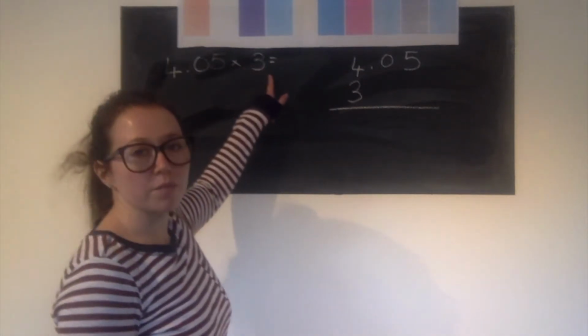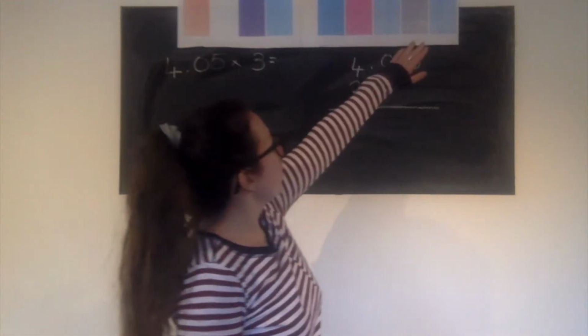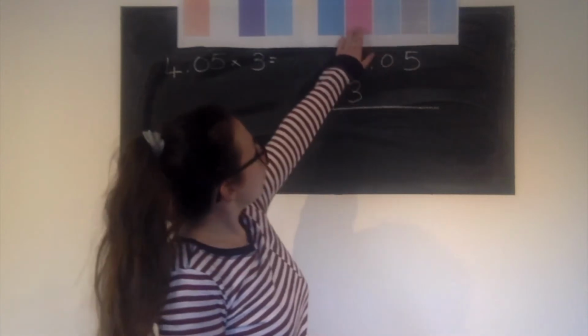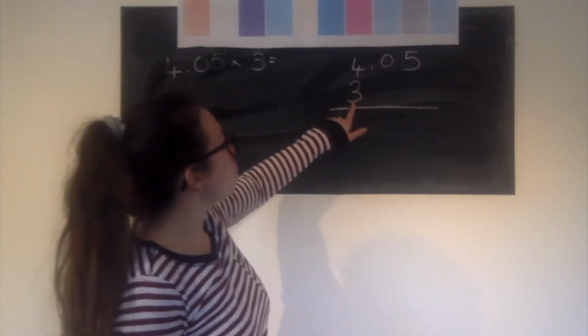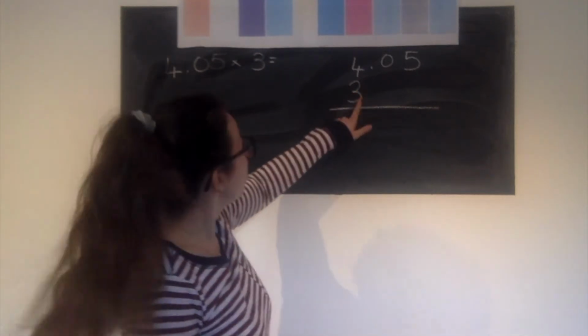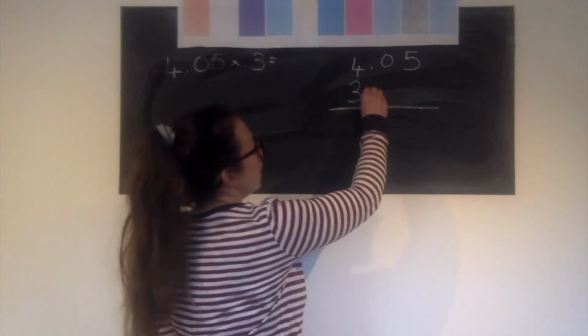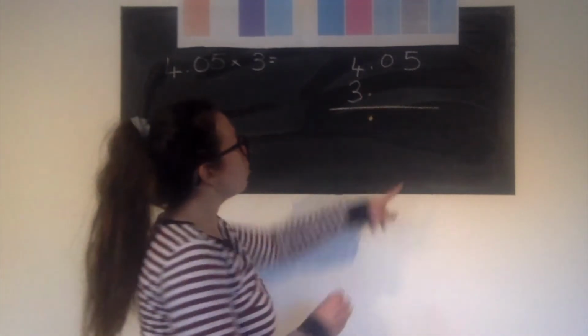4.05 multiplied by 3. Now you can see that I've set this out here underneath my place value grid. So 4.05, I've got 4 units, no tenths and 5 hundredths, and I'm multiplying by 3 whole numbers. So I've put my 3 in my units column. Now I can add in my decimal point here, and I'm also going to add in my decimal point underneath for my answer.